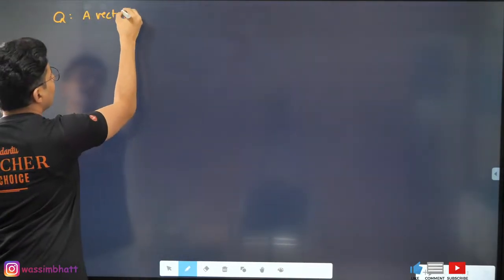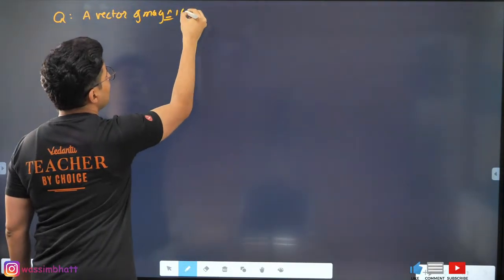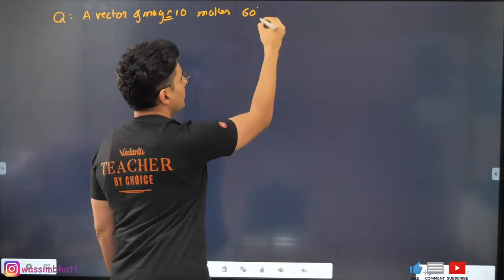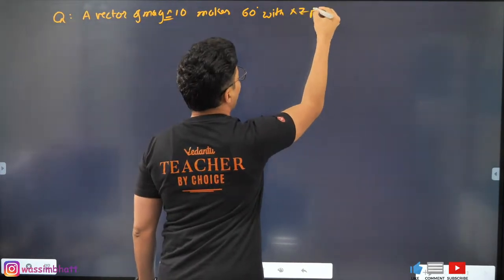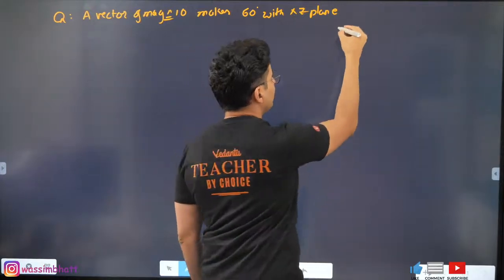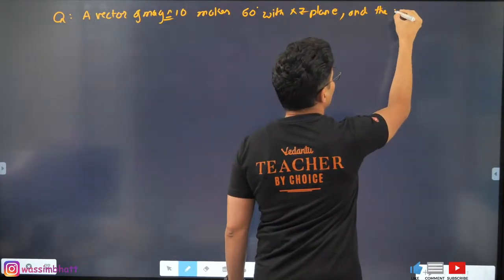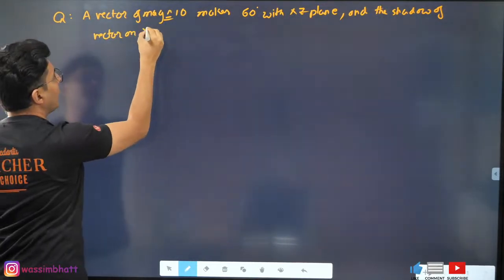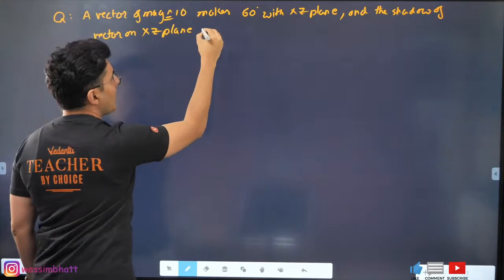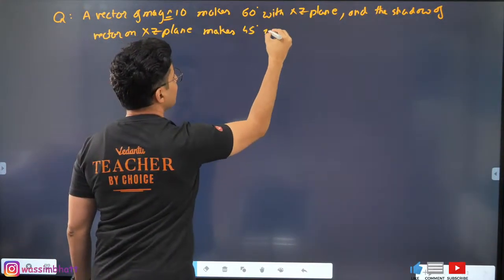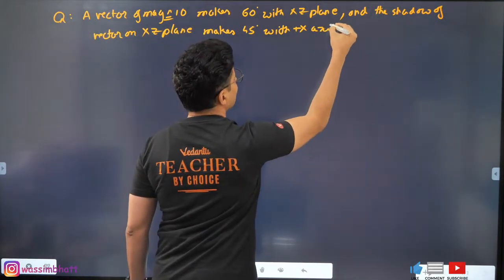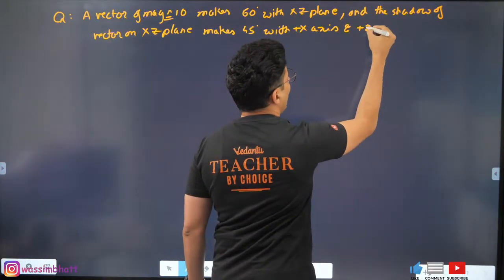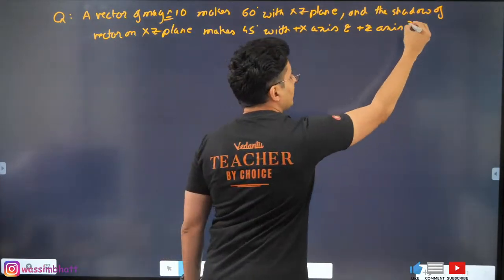A vector of magnitude 10 makes 60 degrees with the xz plane, and the shadow of the vector on the xz plane makes 45 degrees with the plus x axis and the plus z axis as well. This is the part of the question.